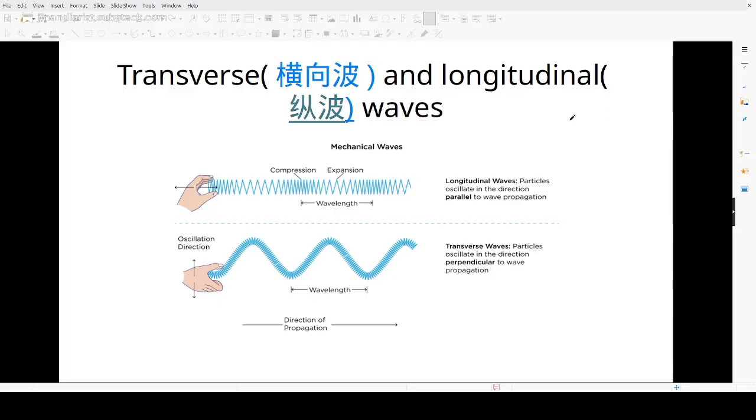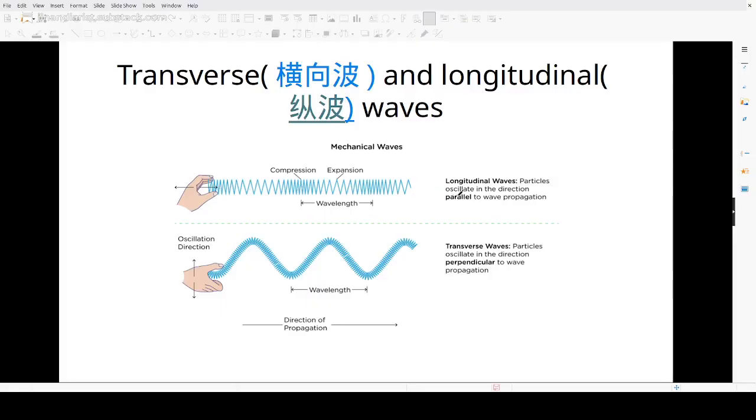Transverse and longitudinal waves. The water waves on the last slide were transverse. The wave moves perpendicular to the medium, like in the slinky at the bottom. But that doesn't have to be the case. In the slinky at the top, the waves are longitudinal.